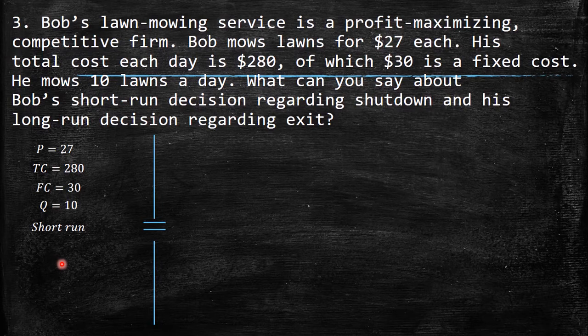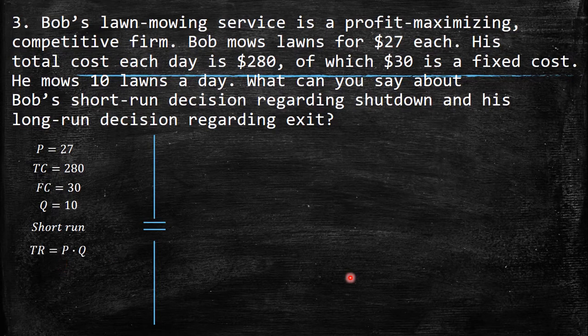In the long run, because there aren't fixed costs, you need to cover completely your variable cost. And it means the same that you cover the total cost as well, because variable costs are exactly the same as total costs in the long run. So that's the idea that we're going to work with for Bob's lawn mowing service.